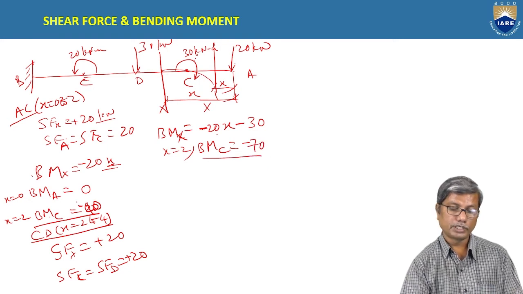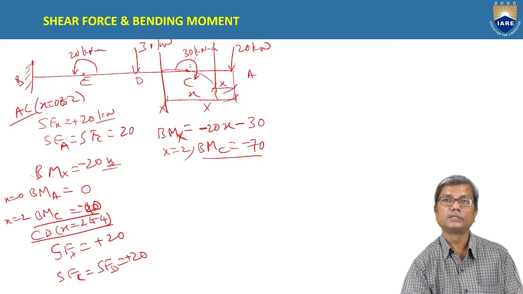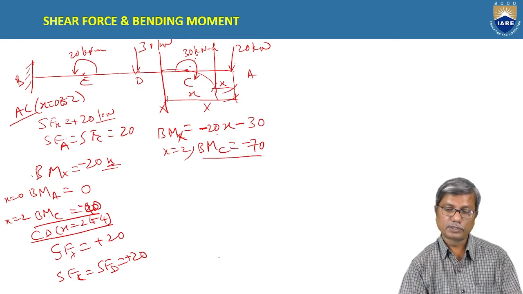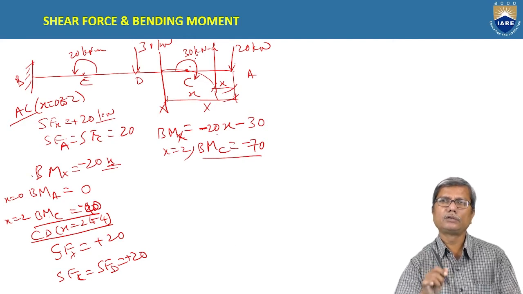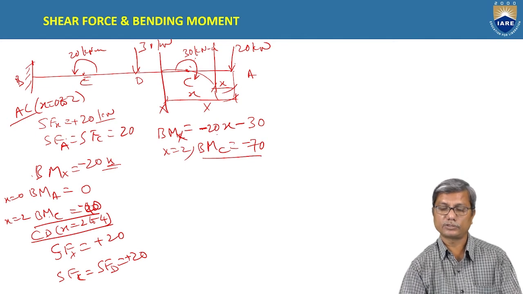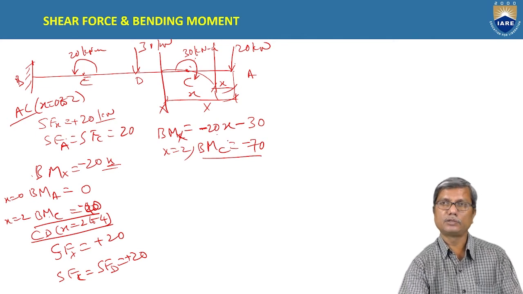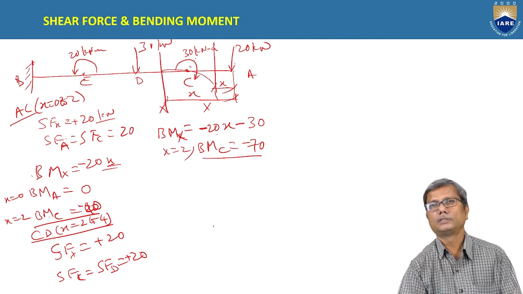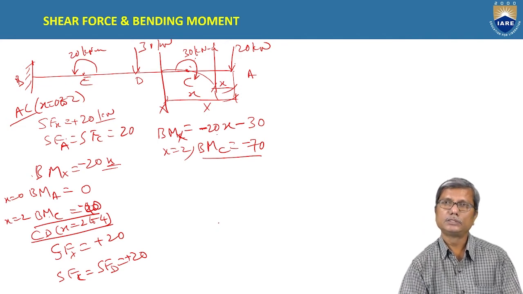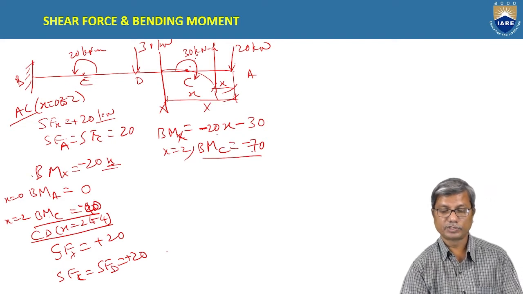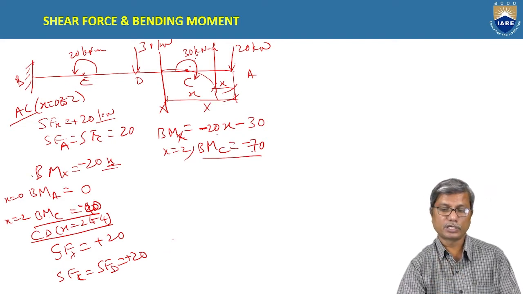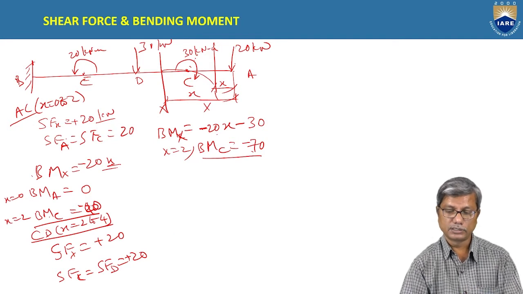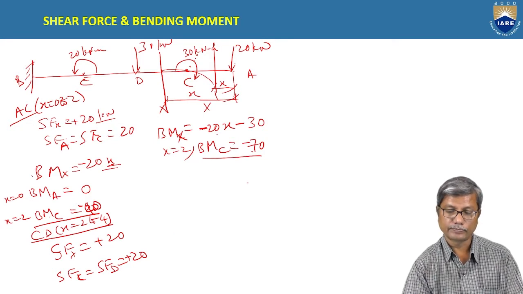It is not the same because of this couple. As we have seen, at the point where a point load is acting there is a sudden decrease or increase in the value of shear force. The same thing happens in bending moment at the point of application of a couple. Bending moment value changes suddenly from 40 to 70 at C because of the couple. A couple is a concentrated moment.